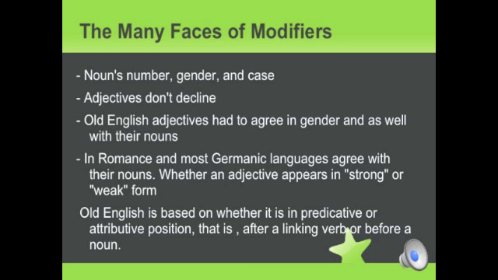Old English adjectives had to agree in gender as well as with their nouns. Romance and most Germanic languages agree with their nouns. Whether an adjective appears in strong or weak form in Old English is based on whether it is in predicative or attributive position, that is, after a linking verb or before a noun.